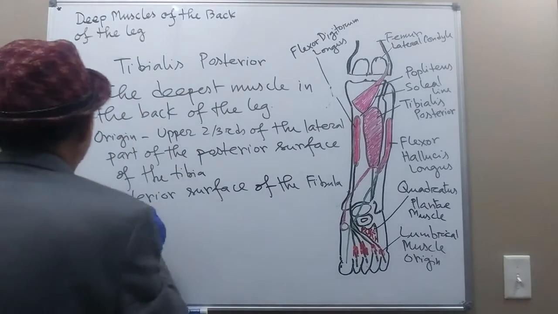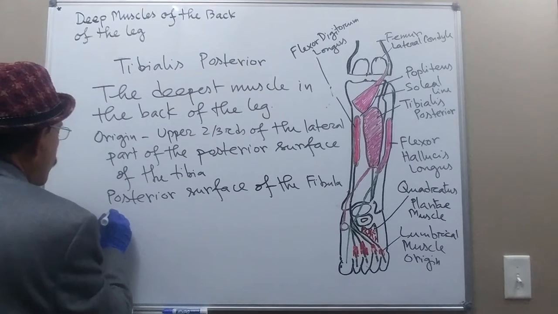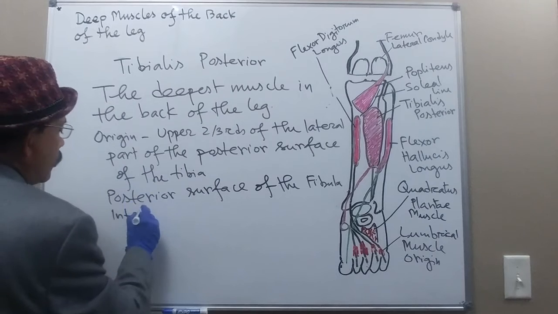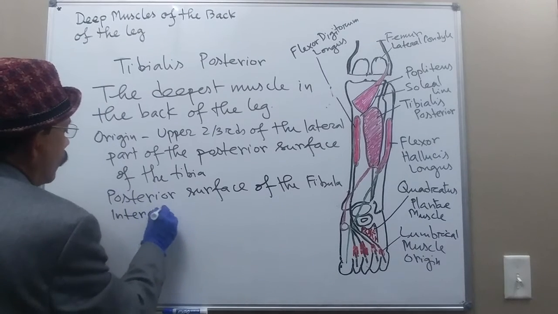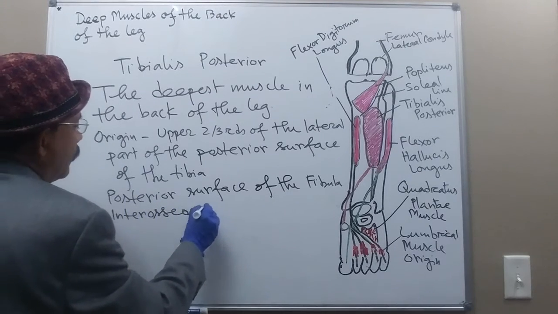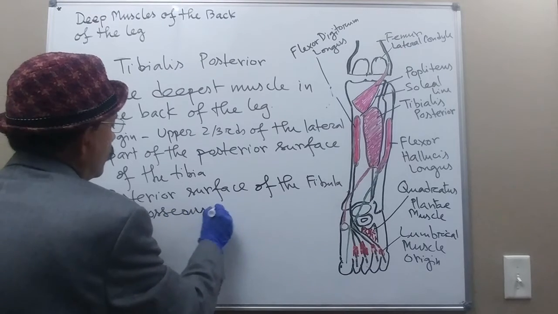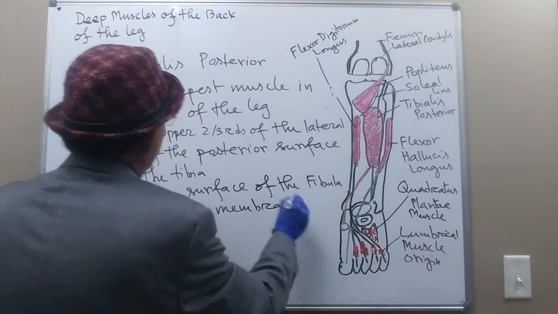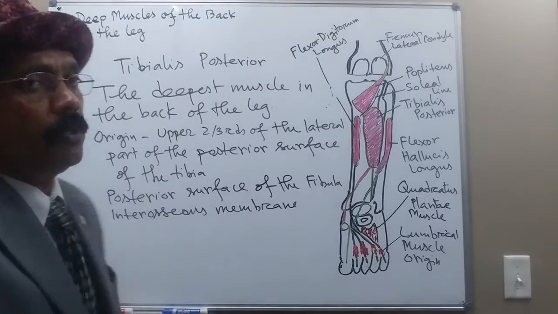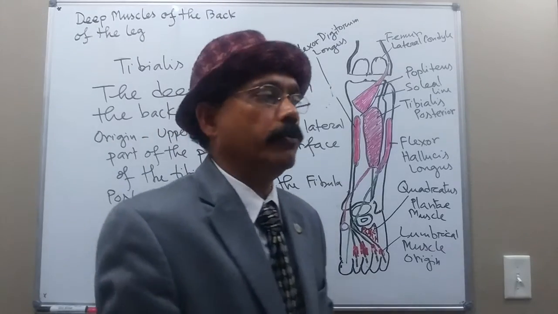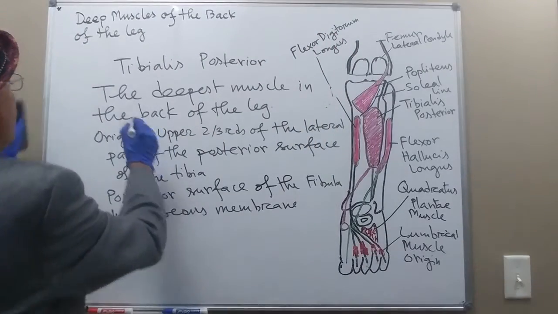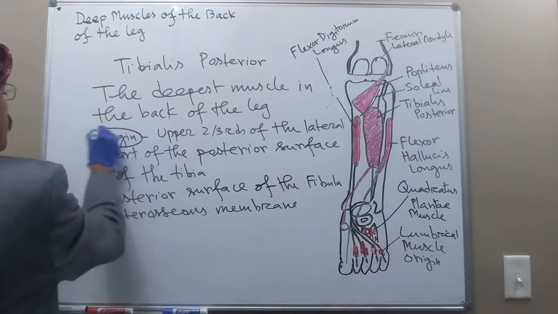Okay, and also it takes origin from the posterior aspect of the interosseous membrane. Okay, we got the multiple origin from tibia, fibula and interosseous membrane. These are the origins.